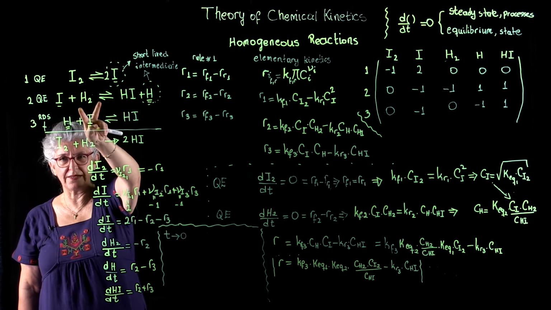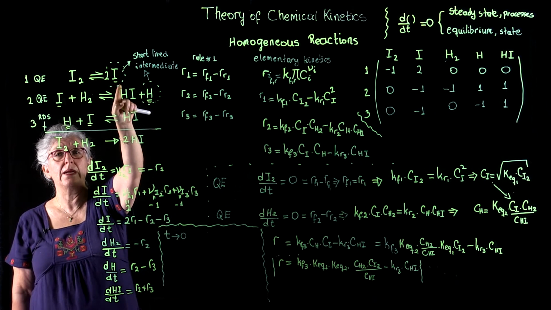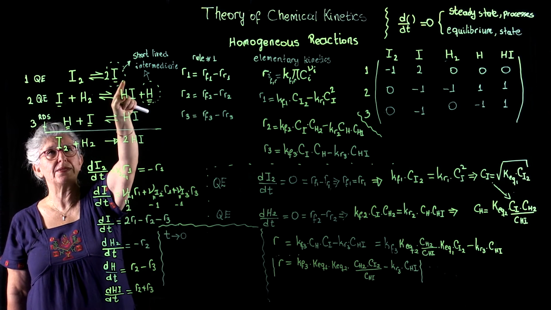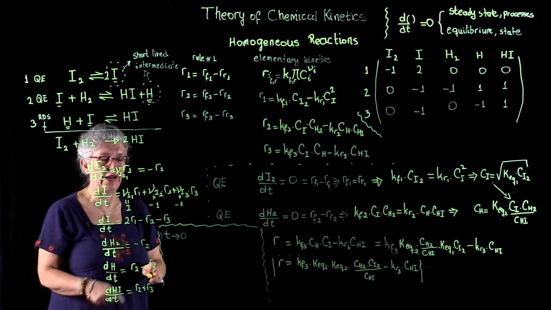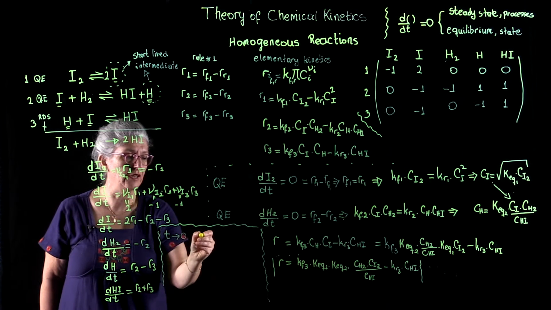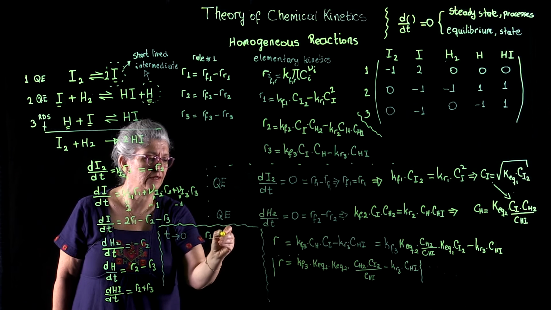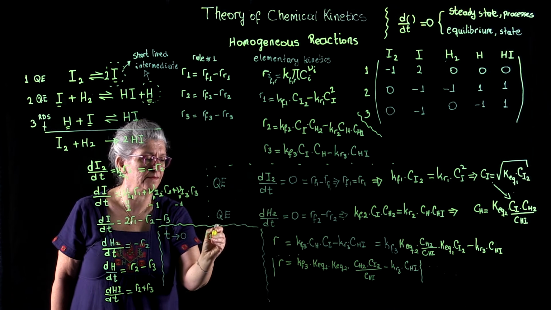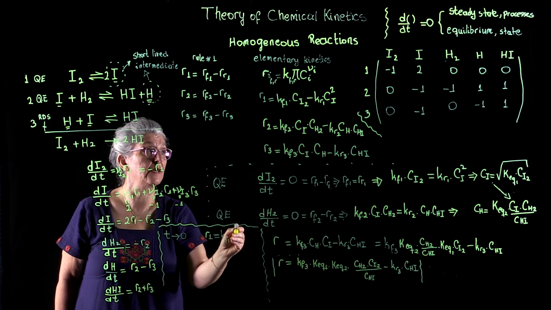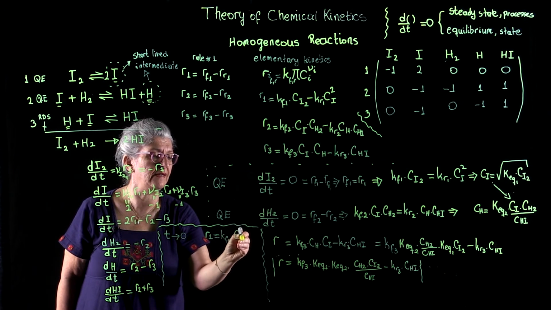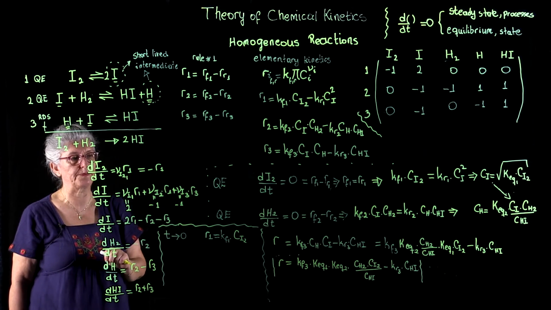So there is a trickle effect that first we have to form the products, which will enter into the reaction to go back to the reverse. So at time approaching 0, rate 1 is actually only K forward 1 times C_I2 when time is equal to 0.